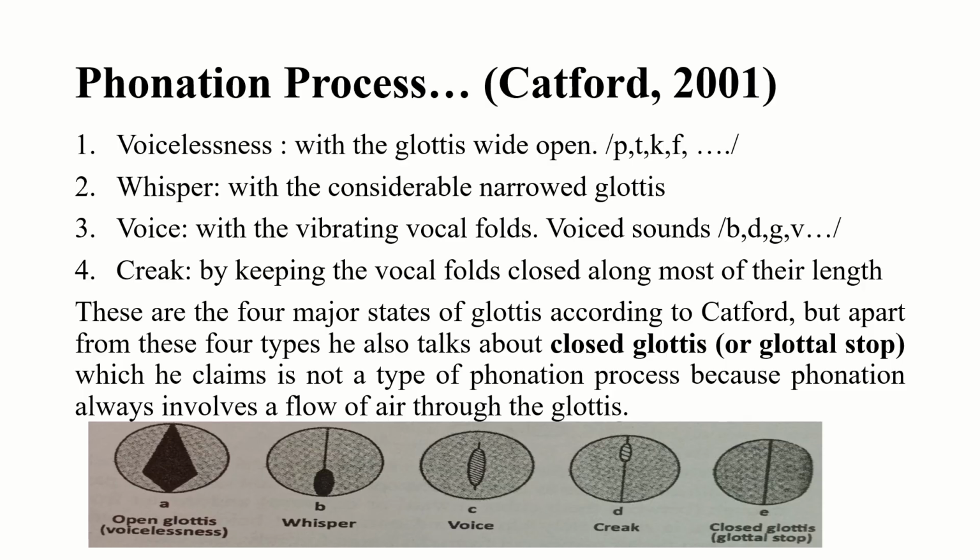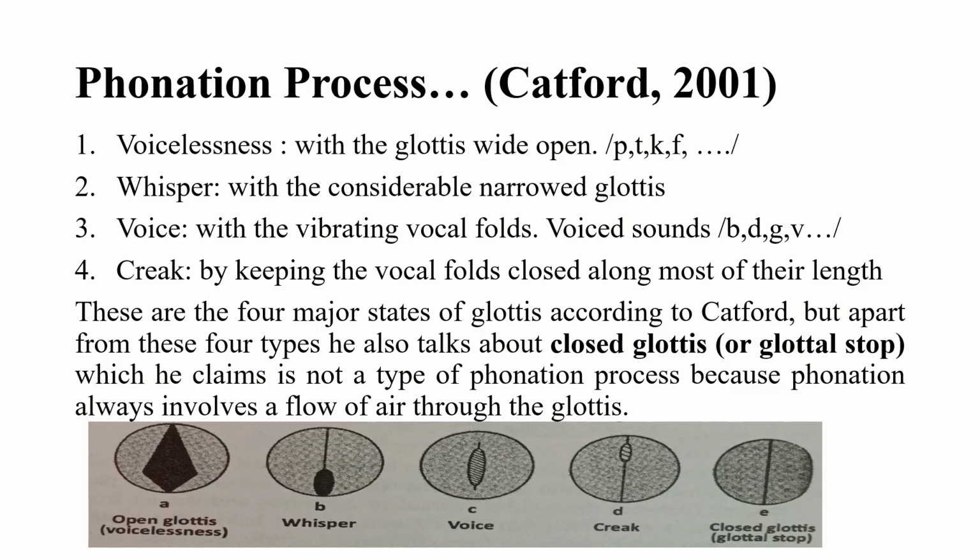Next one is according to Catford. And Catford has discussed four states of the glottis. One is voicelessness, with the glottis wide open, then voiceless sounds are produced. Whisper, with a considerably narrowed glottis. Next one is voice, with the vibrating of vocal cords, and voiced sounds are produced. And next one is creak, by keeping the vocal folds closed most of their length.